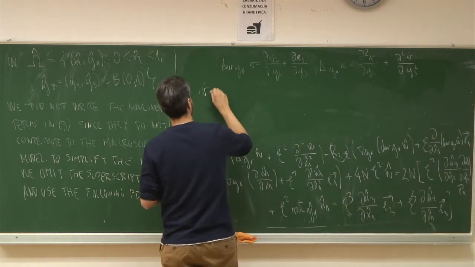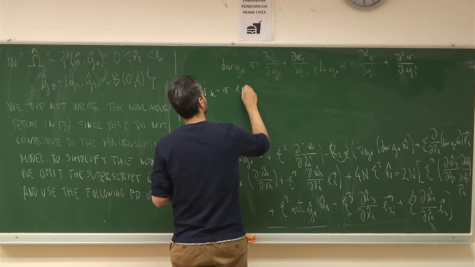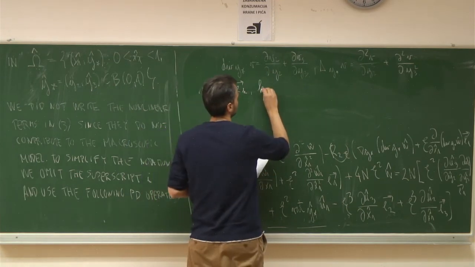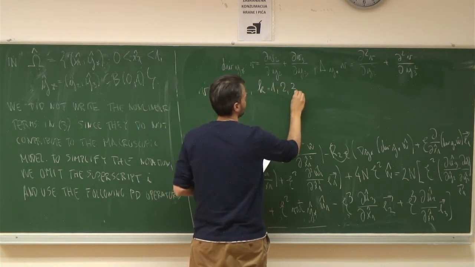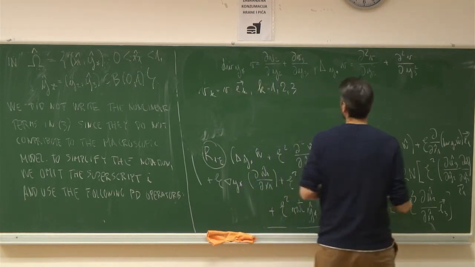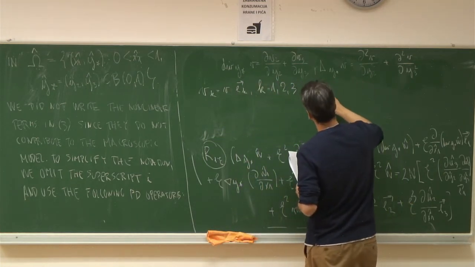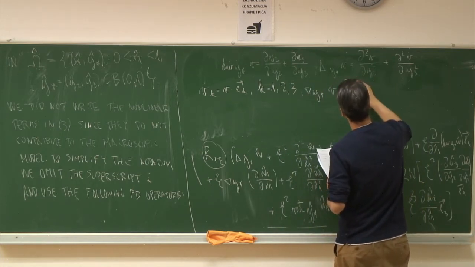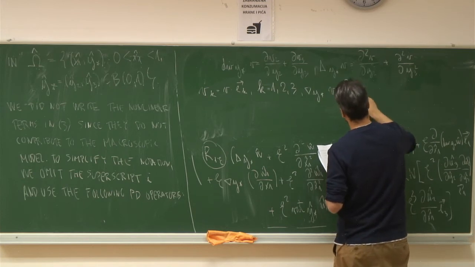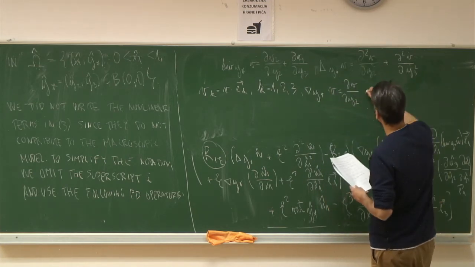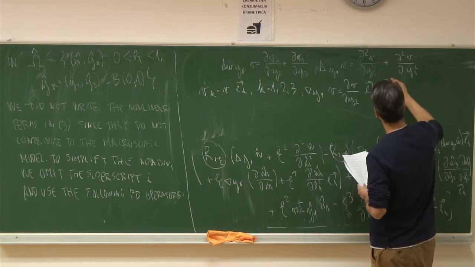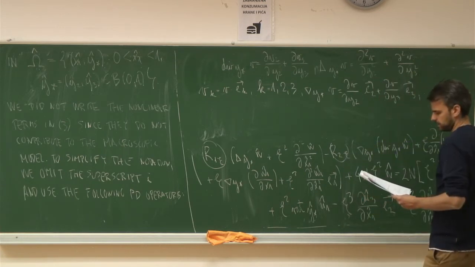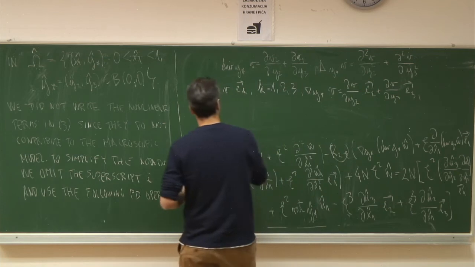Then vk is v times ek, k is 1, 2, and 3. And then gradient y v is dv over dy2 e2, as is expected, and I'll just write down the rotation.